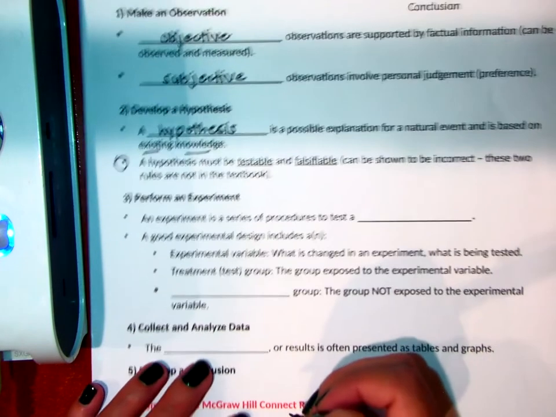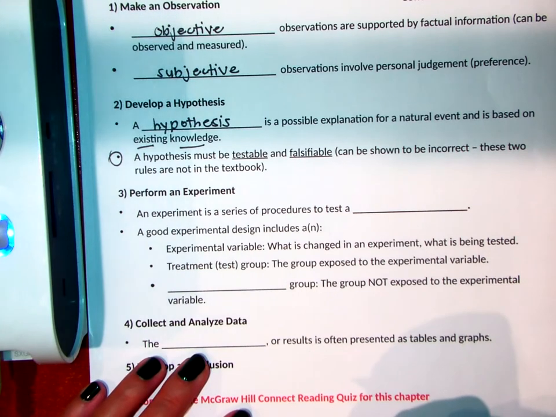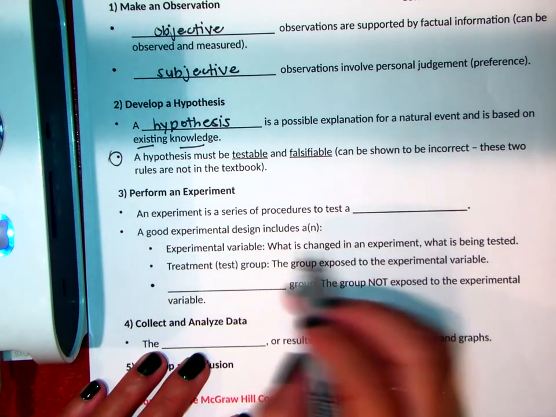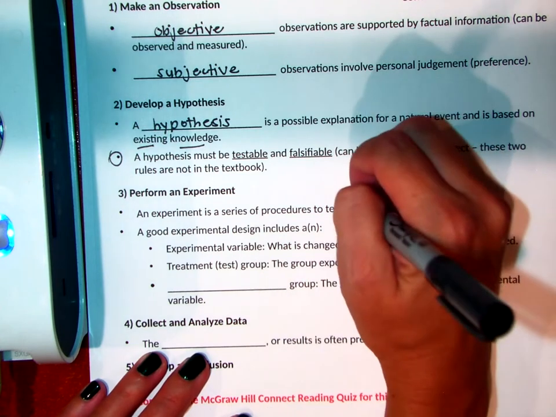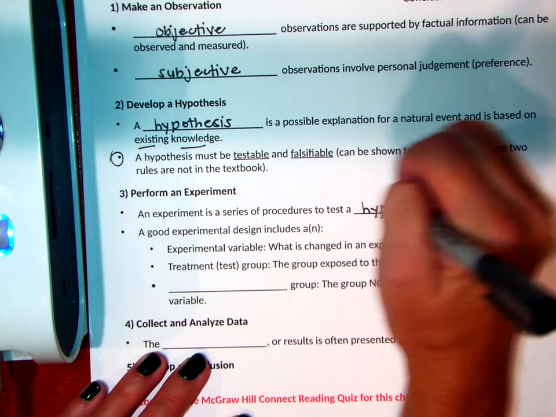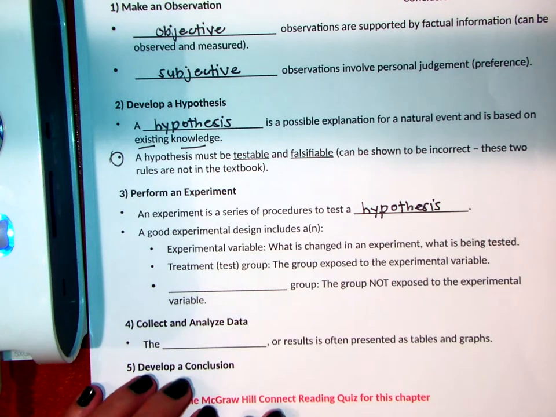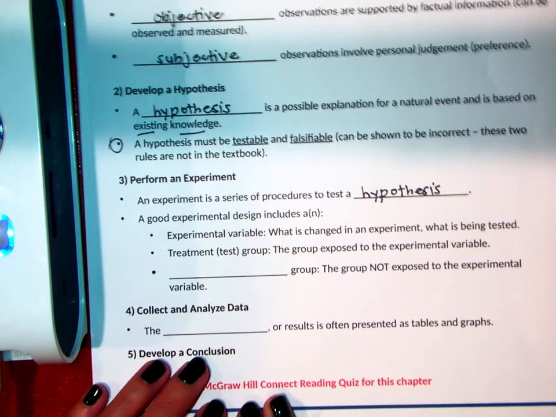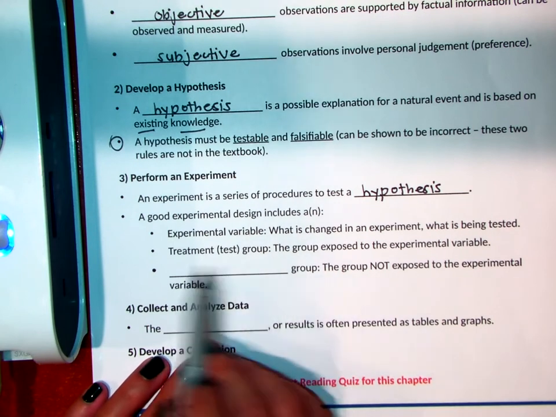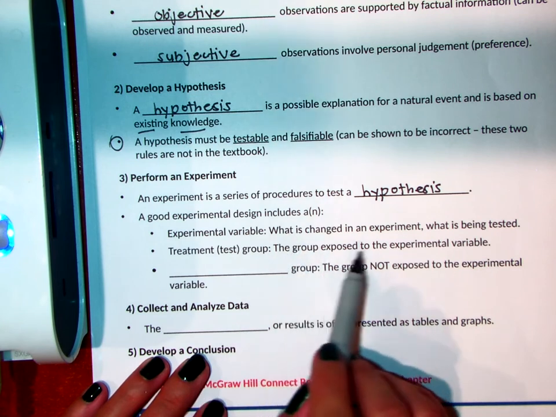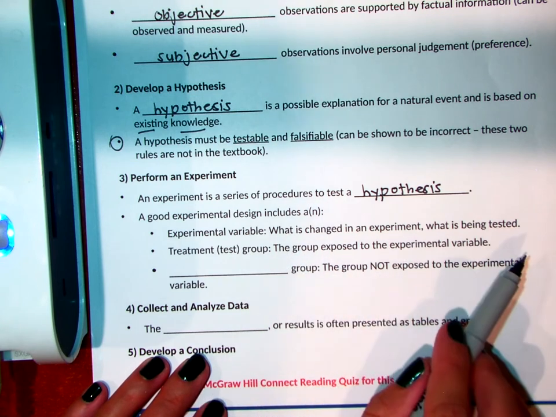And for the next step, you are ready to perform an experiment to test your hypothesis. So that's what goes in this blank here. An experiment is a series of procedures to test a hypothesis. A good experimental design includes an experimental variable, which is what is changed in an experiment and what is being tested.